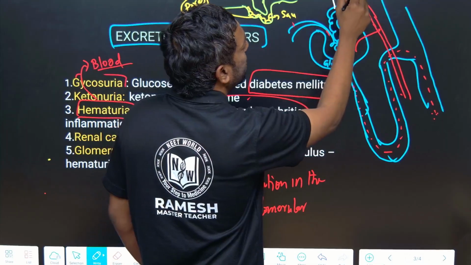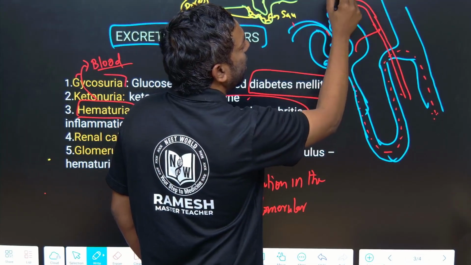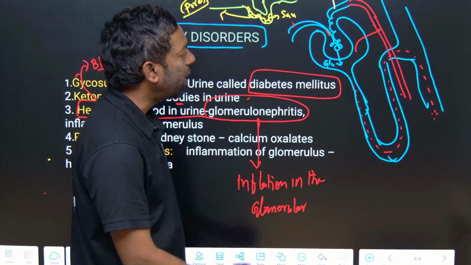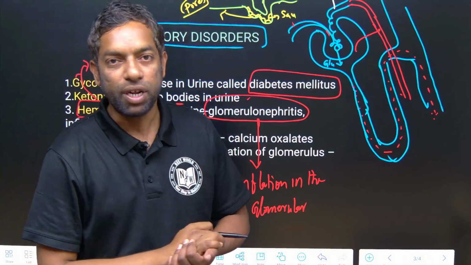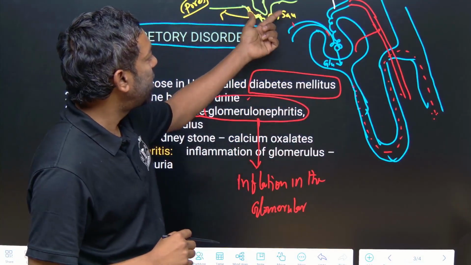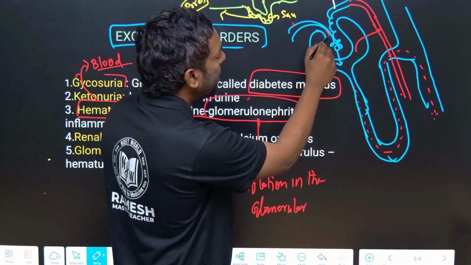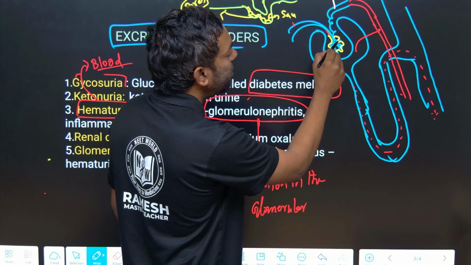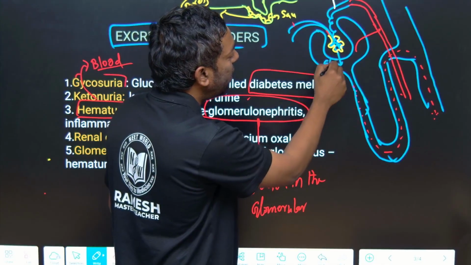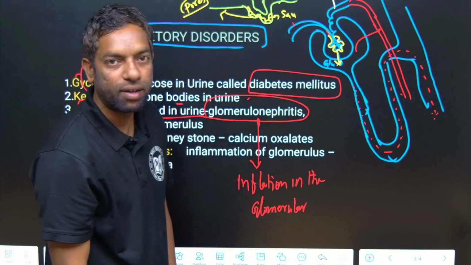Actually they do not allow RBCs and proteins, but here the glomerular capillaries have certain pores called fenestra. They allow the RBCs into the filter.